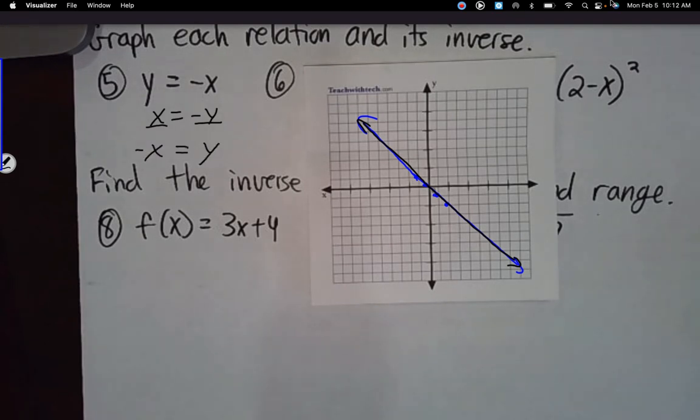Change that. She was saying divide by negative 1. That's the same thing. Well, what do you notice about this, the inverse? It's the exact same equation, is it not? This says y equals negative x. What does this one say? Y equals negative x. So that's why I drew my black line the same. That's not going to happen very often. Okay? I'm about to do another one where they're not going to be the same.